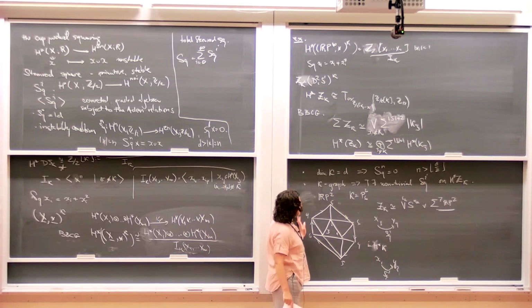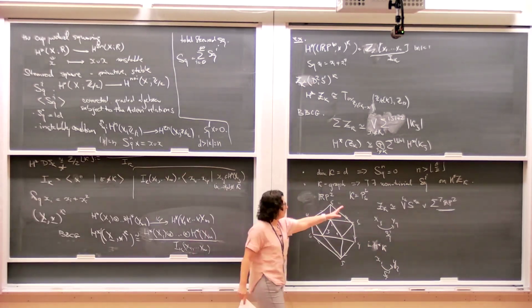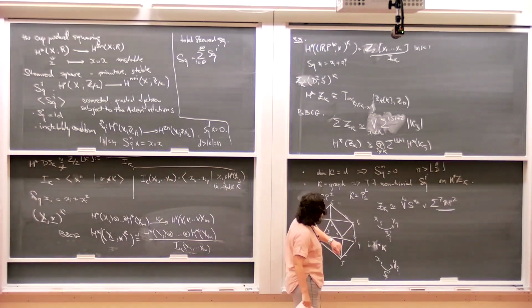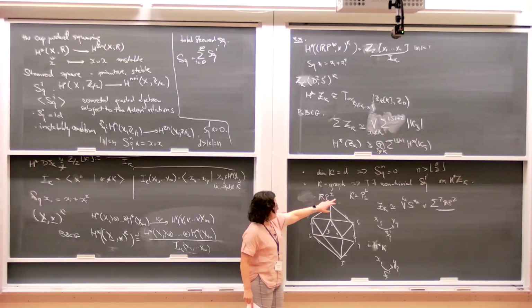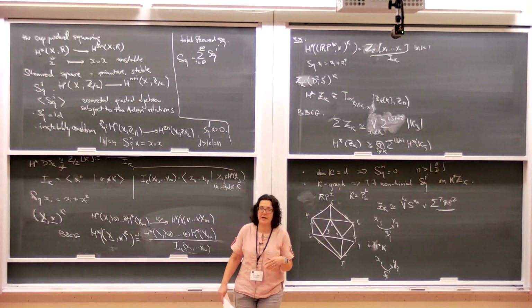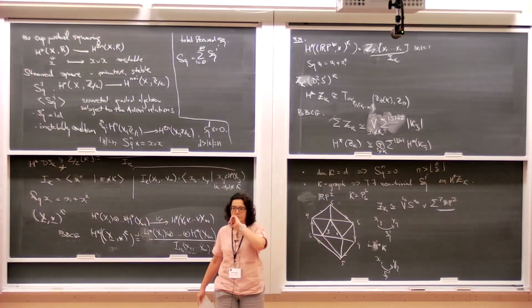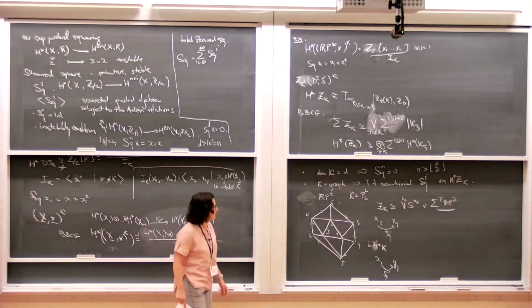So that tells us something. This is a minimal model of RP2, and we can see that whenever this complex is a full subcomplex of K, then there is a non-trivial Sq^1 in ZK.